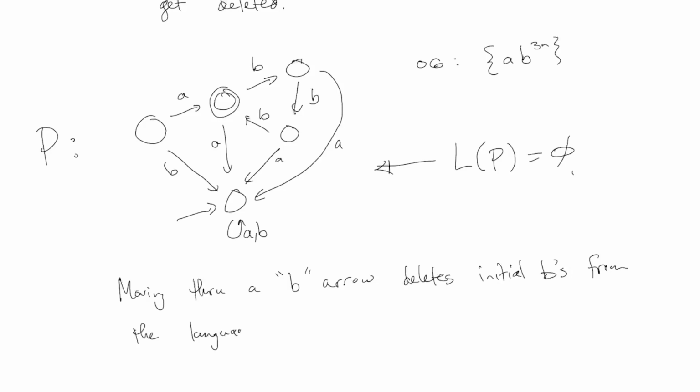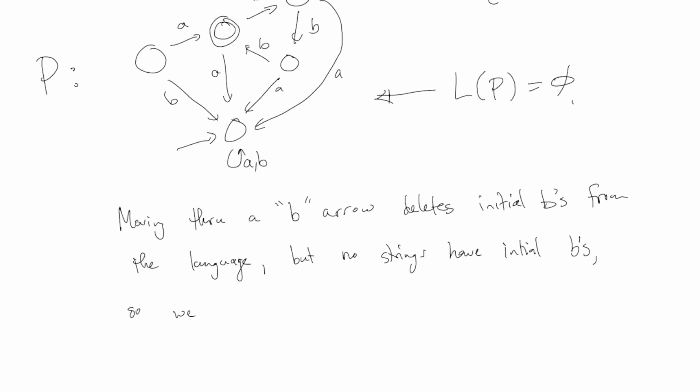But actually, this language didn't have any initial B's, and so we end up just getting rid of everything, and we get the empty set. So moving through a B arrow deletes initial B's from the language, but no strings have initial B's. So we get the empty set, all right?